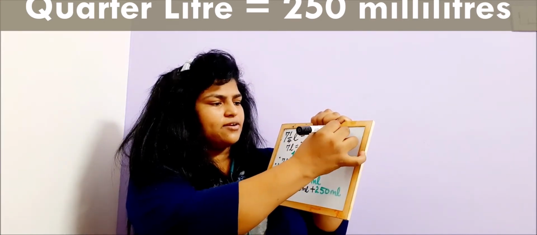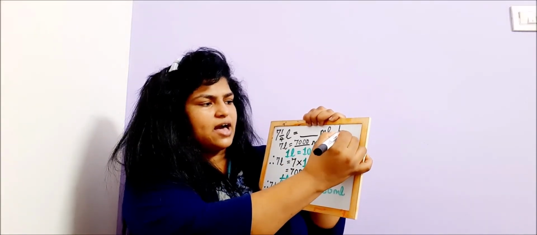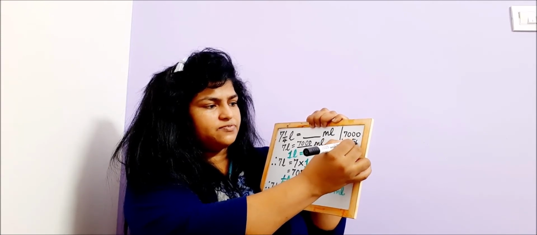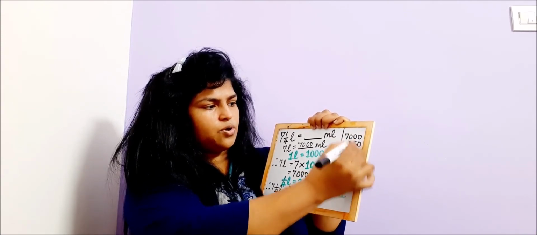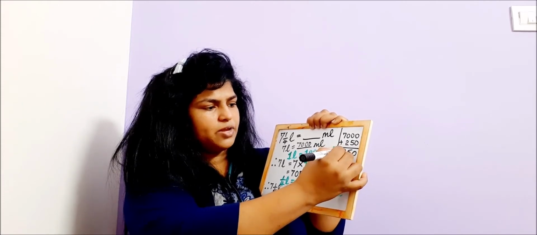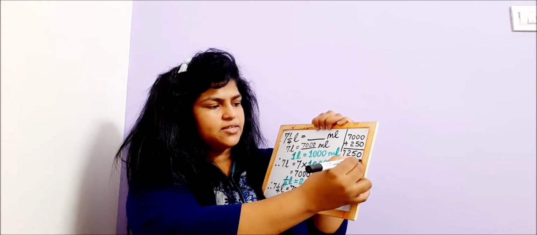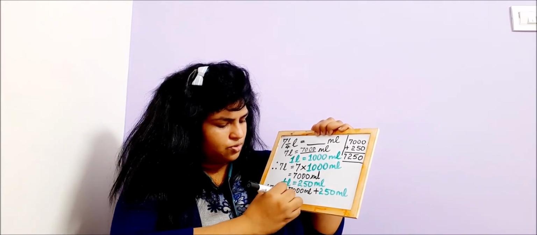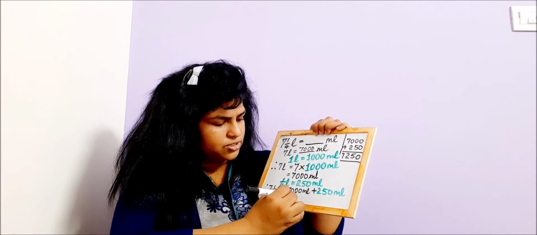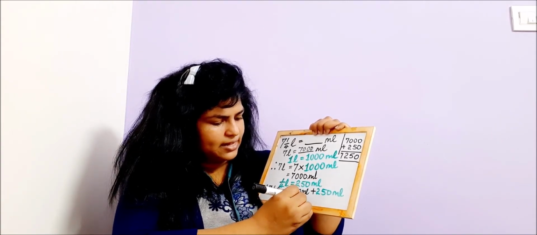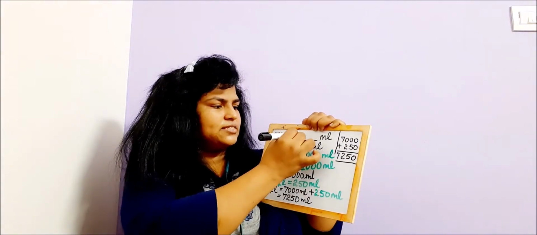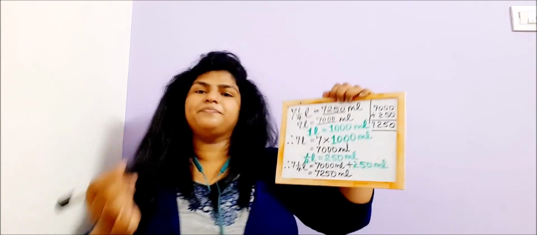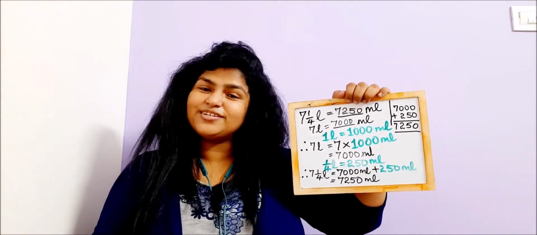Let's add this in the rough column. 7000 plus 250. 0 plus 0, 0. 0 plus 5, 5. 0 plus 2, 2. 7. The answer is 7250 milliliters. Clear? Finish. That's the answer.